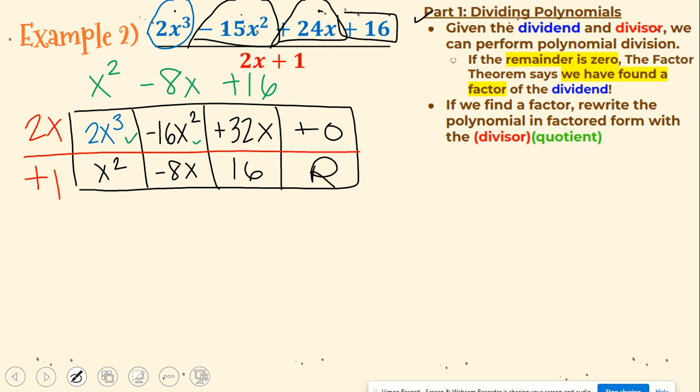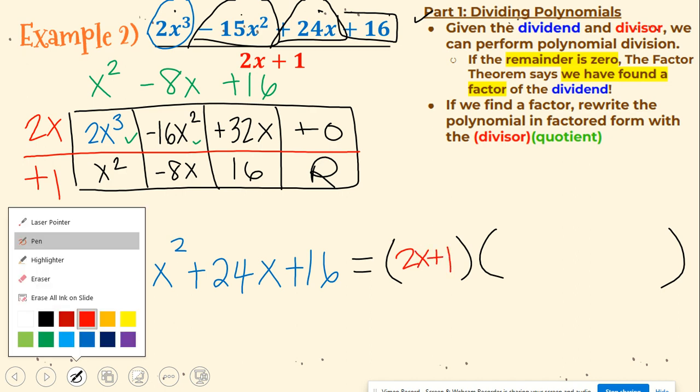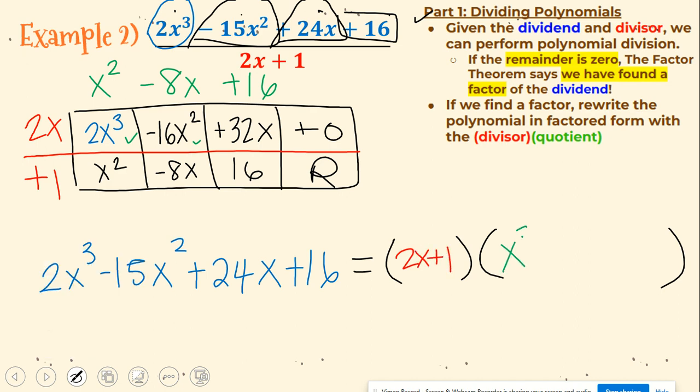By the factor theorem, since the remainder is 0, I just found a factor. The divisor is a factor of the dividend. Again, this means 2x to the third minus 15x squared plus 24x plus 16 is actually equal to these two polynomials multiplied together, 2x plus 1, and my quotient, x squared minus 8x plus 16.